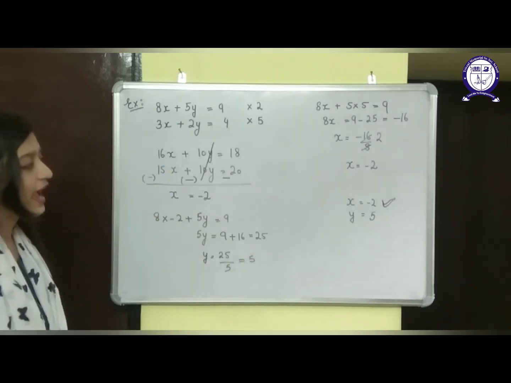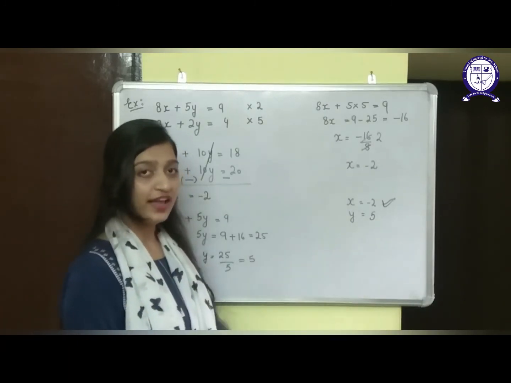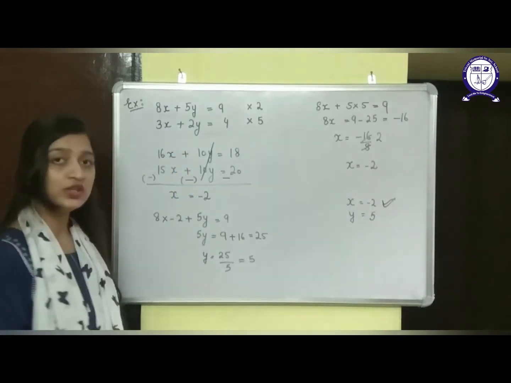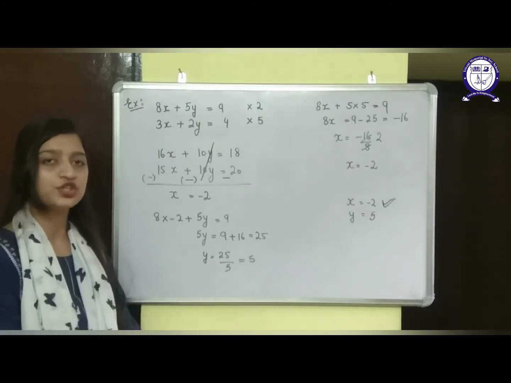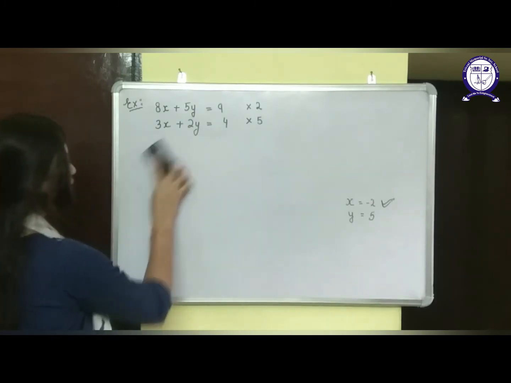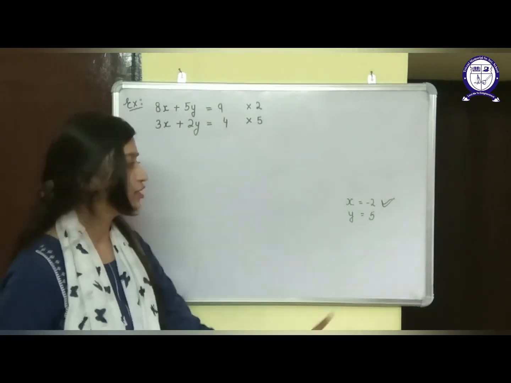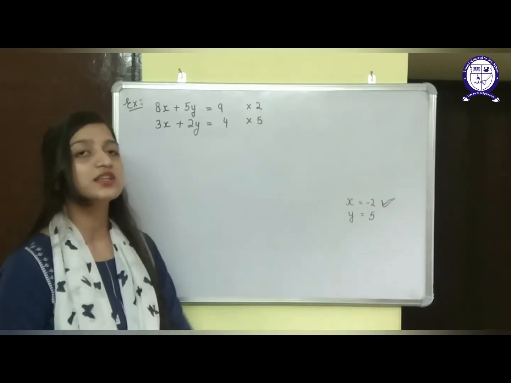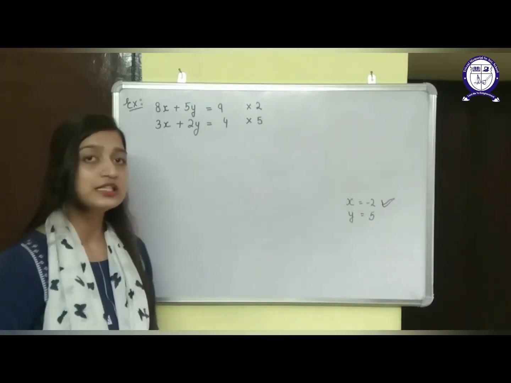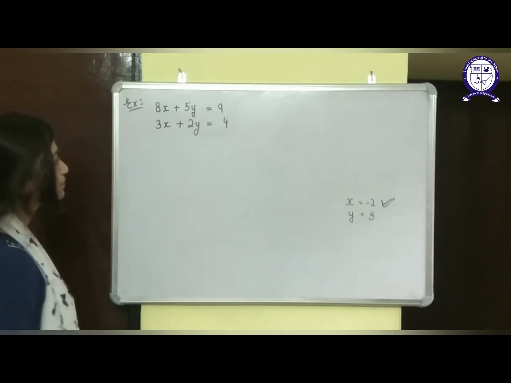I can see that here my value of y was 5. Now let's do this example by the substitution method also. You can see that by the elimination method both ways the answer was the same. Even by the substitution method I will get the same answer. So let's do it by substitution.